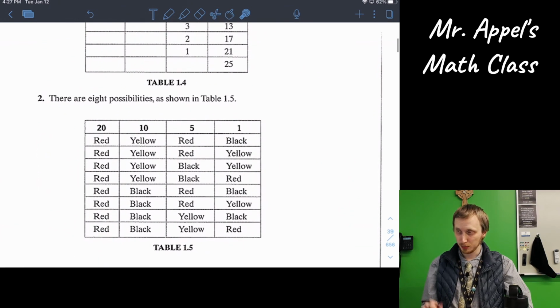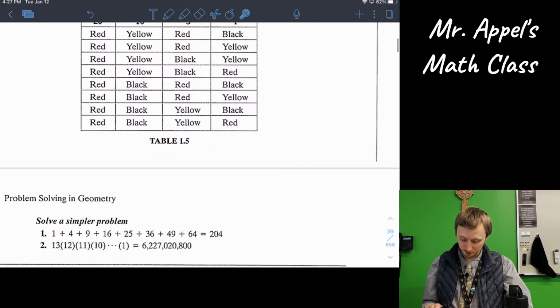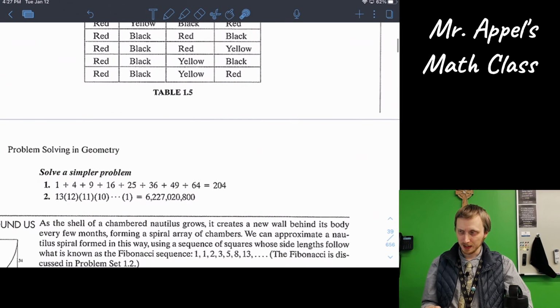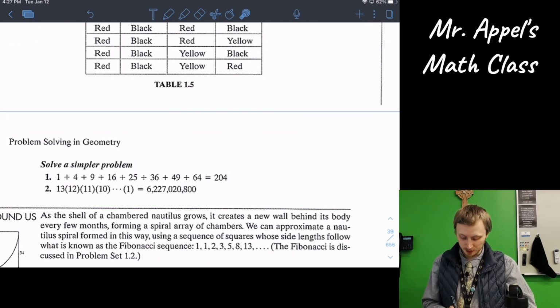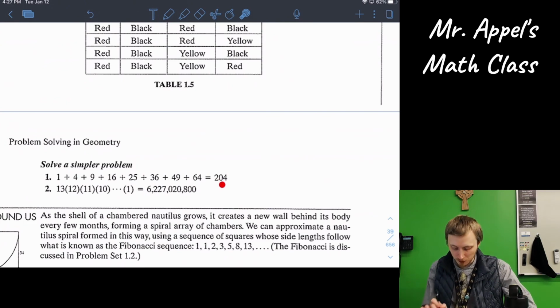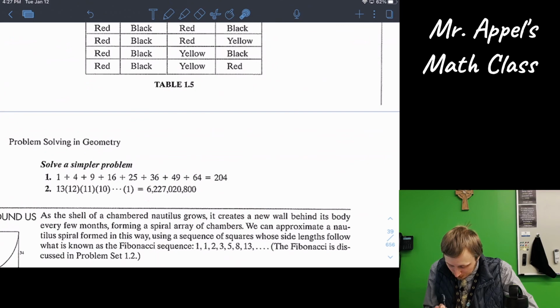And for the dartboard coloring, there are 8 possibilities listed here. And for solving a simpler problem, here is our sum of possible sizes. We get a total of 204 on the checkerboard. And combining all the desks and chairs will yield a grand total of, oh gosh, 6,227,020,800.